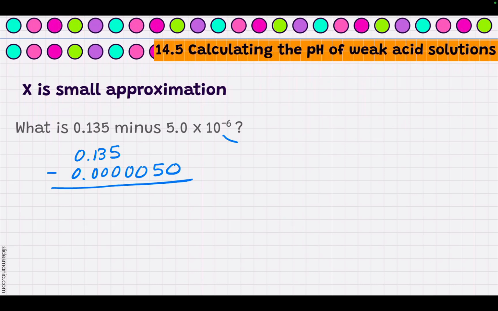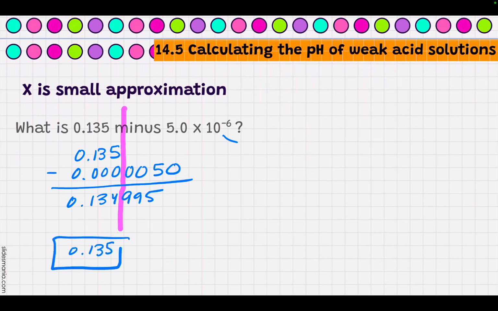And then if I do this on my calculator, my calculator says 0.134995. Our rules in chemistry for subtraction and addition are to go to the least decimal places. So in chemistry, my answer is going to be 0.135, which is the same as my starting amount.